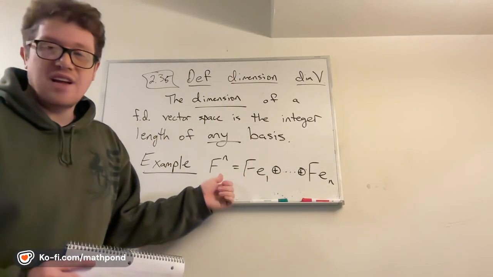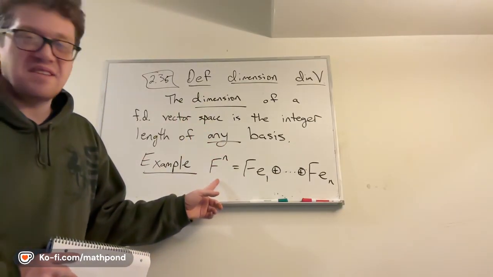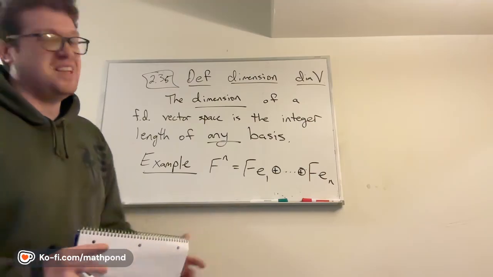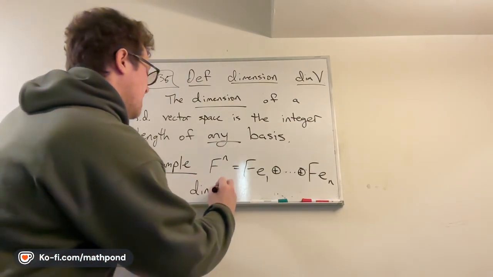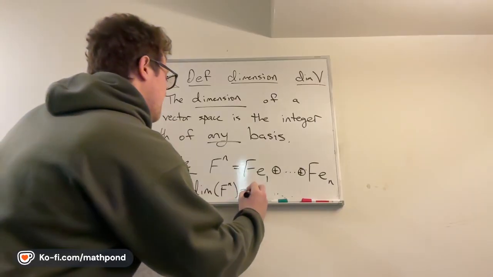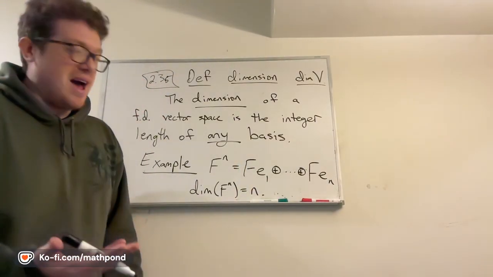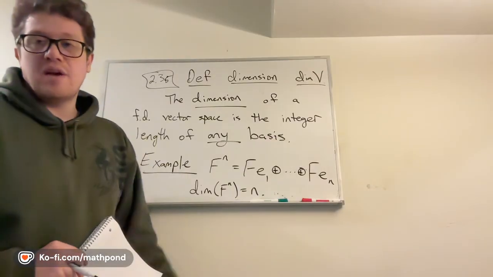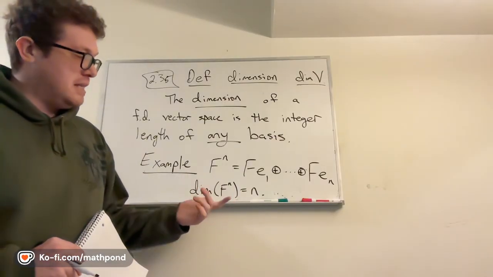So huge surprise here, guys. The dimension of F^n is n. I know it's going to be mind-blowing. Because for F^n, we have a spanning set, e1 through en, which has length n, and it's easy to show it's linearly independent.